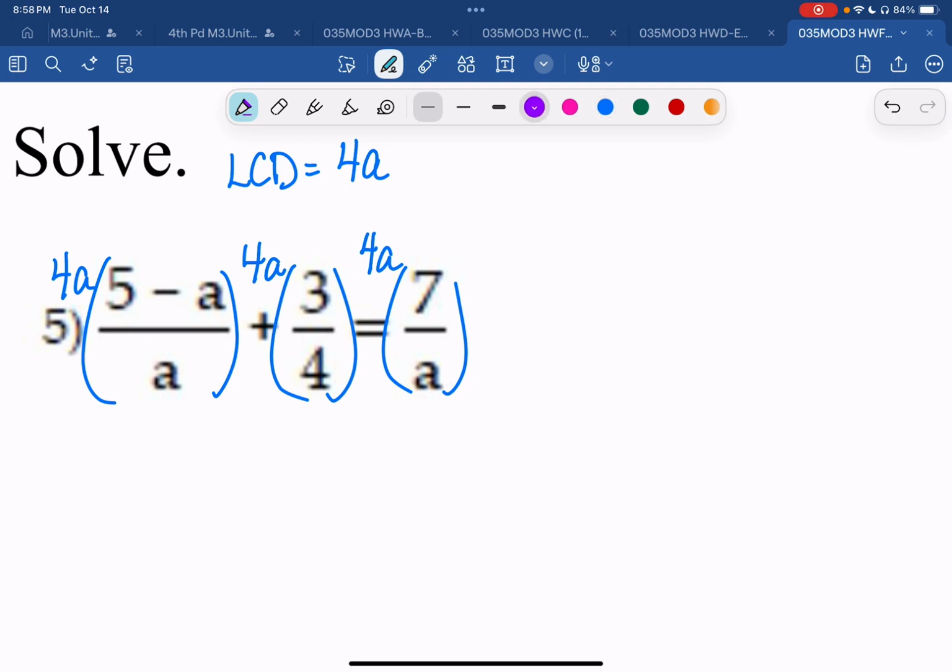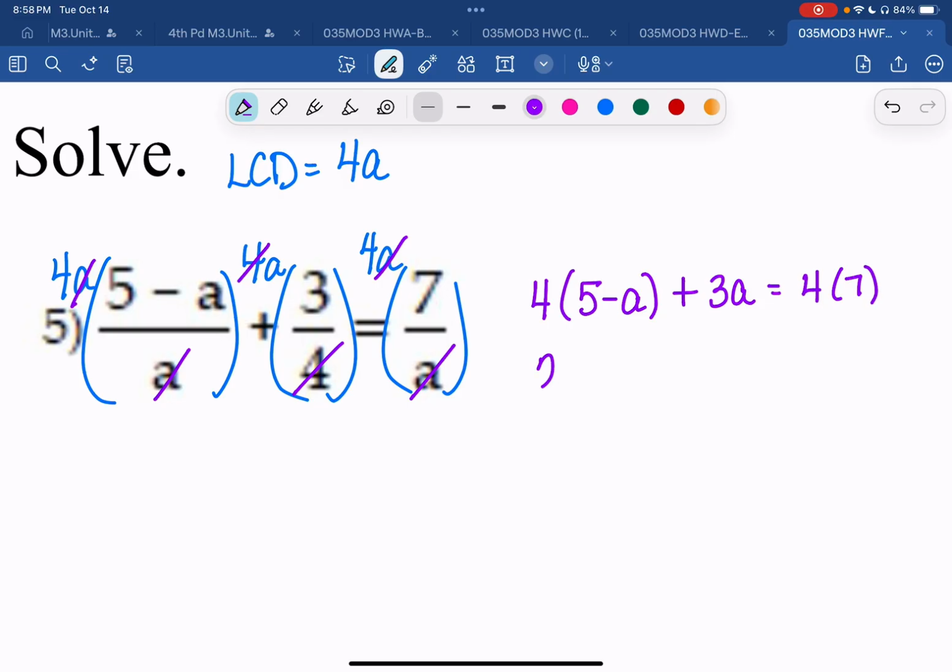Now I'm going to clean it up. So that cancels with that. And I've got a 4 left with 5 minus A. 4 cancels. So I've got plus 3A. The A cancels. So I've got 4 times 7.